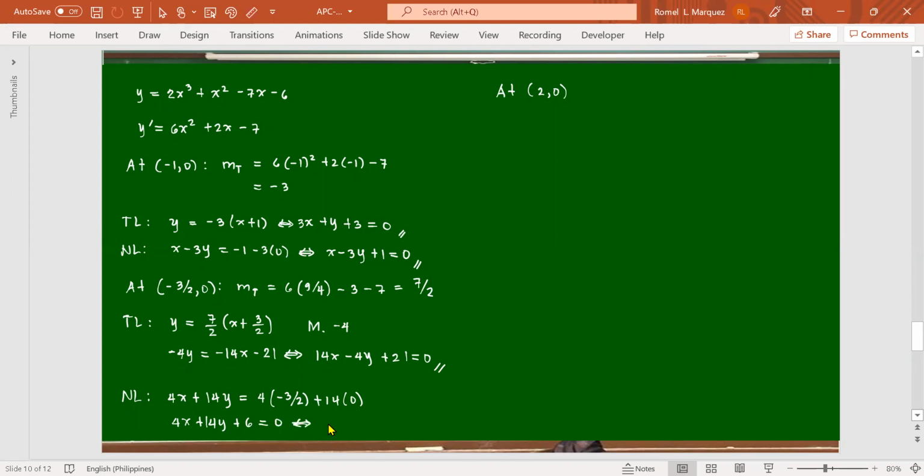Simplify further, we have 2x plus 7y plus 3 is equal to 0. Kindly check, guys. If I divide every term by 2, we come up with 2x plus 7y plus 3. Okay, no question about that. What about 2, 0?